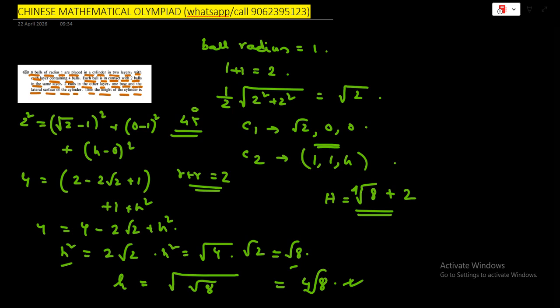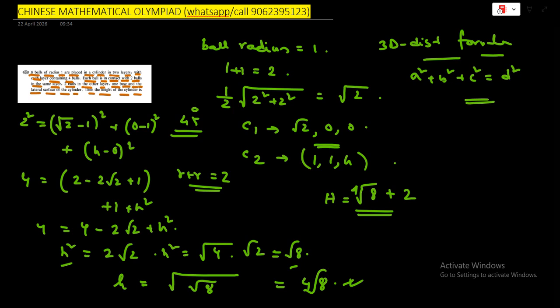Okay, so if I talk about the 3D distance formula, this is basically a square plus b square plus c square equal to d square. So it's just Pythagoras with an extra dimension.